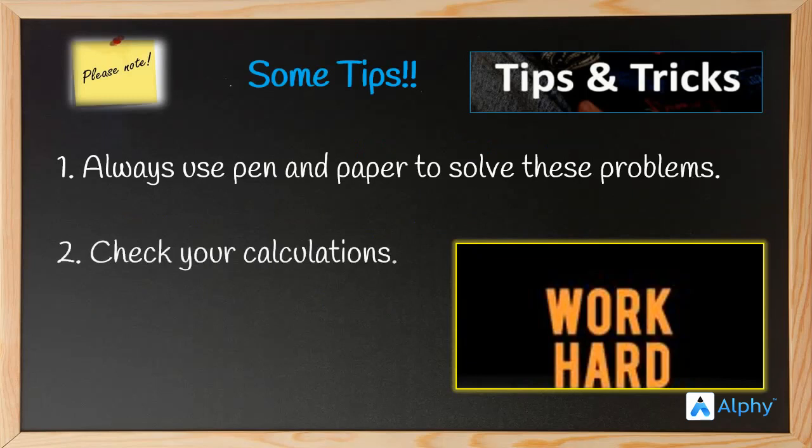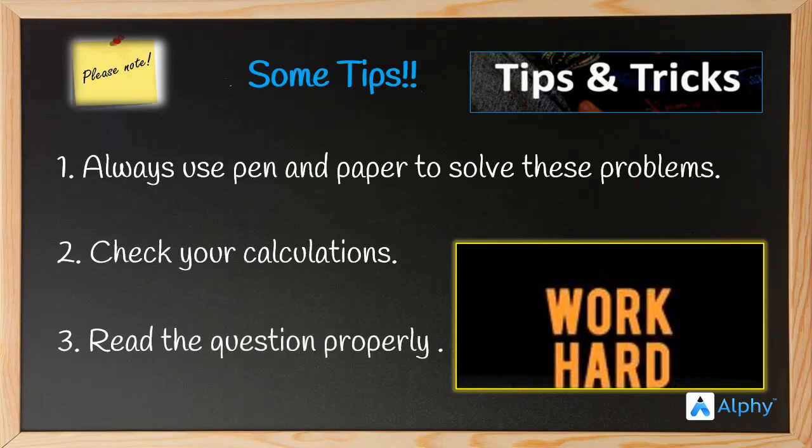Secondly, check your calculations. It is very important that you check your calculations and do not mix up a minus sign or do the wrong calculation. And read the question carefully. Sometimes people make mistakes about what you have been given, so please check the question and see what the question requires.